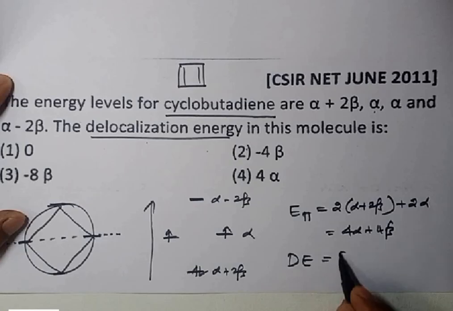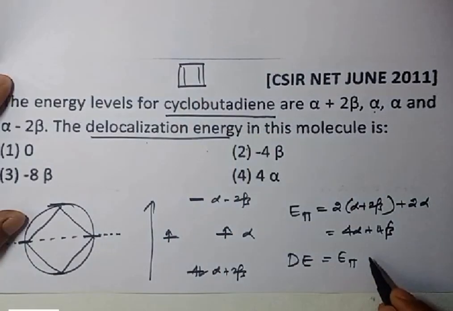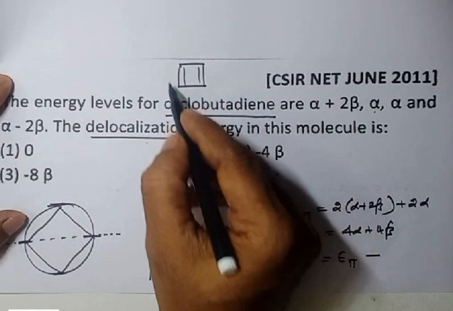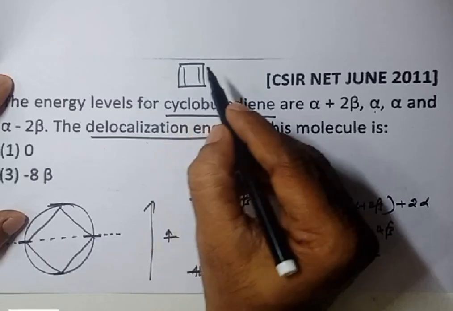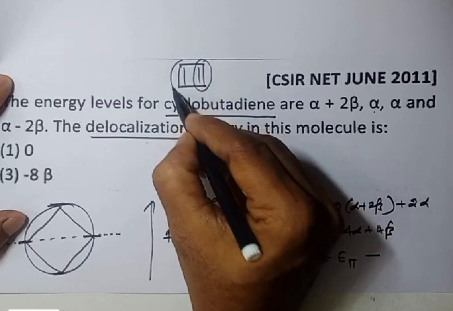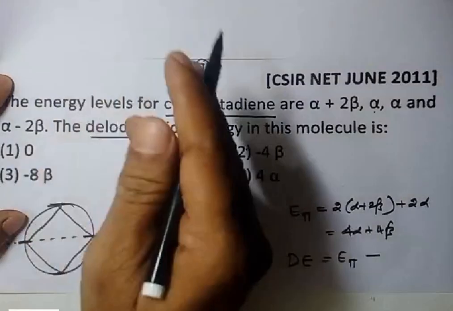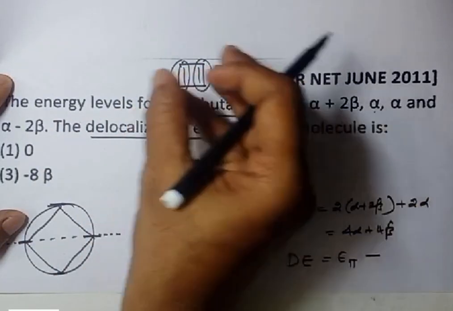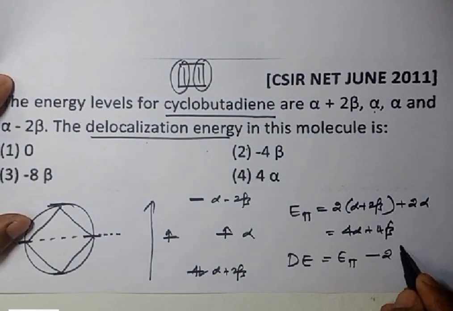Delocalization energy is the pi electronic energy minus the energy of the localized system. This 1,3-cyclobutadiene has 2 ethene-like units. If they do not interact, the total energy of the ethenic units should be 2 into 2 alpha plus 2 beta, since there are 2 ethenic units.